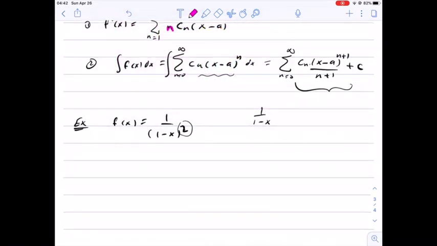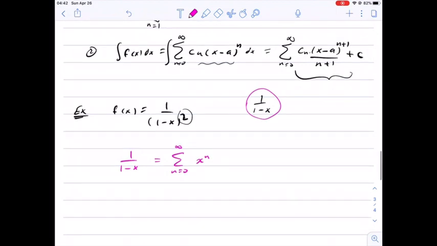If we start from 1 over 1 minus x, which is the sum from n equals 0 to infinity of x to the power n, then we can find the derivative. The derivative of the left hand side is 1 over 1 minus x all squared, and the derivative of the right hand side is the sum of n times x to the power n minus 1, and here we start from n equals 1.